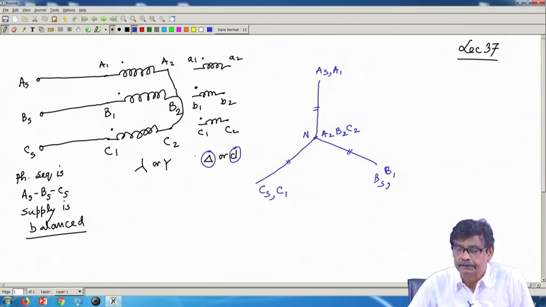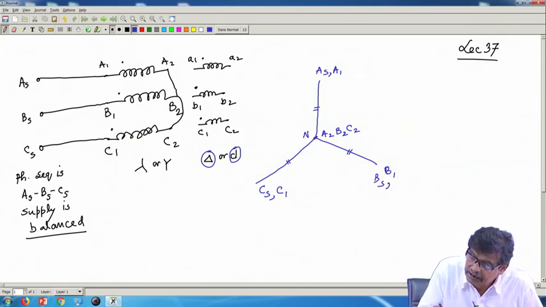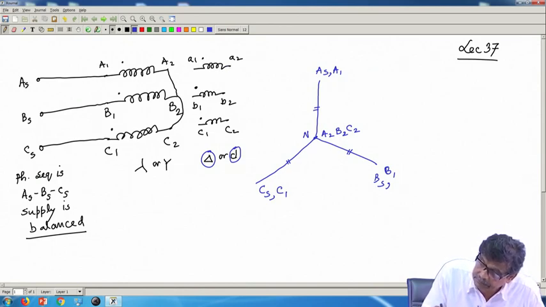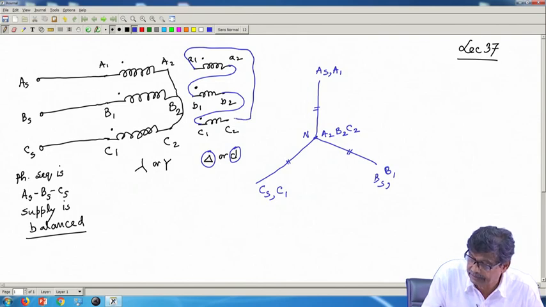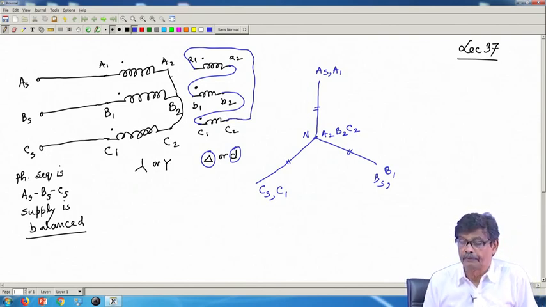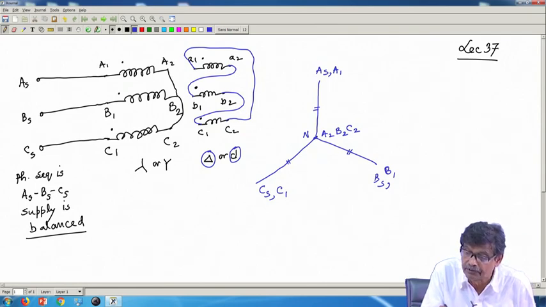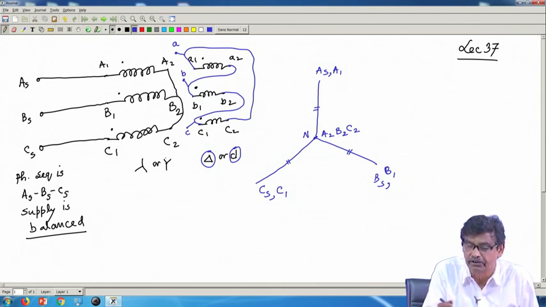So, first of all I will connect it like this, in series and closed, and the output I will take from A1, wherever A1 is there, B1 and C1. Let this secondary output be A, B and small c. I am not writing S because it will go to load.